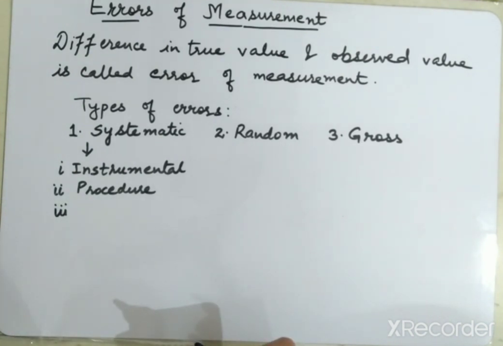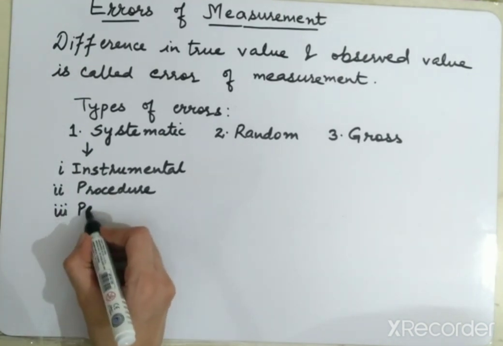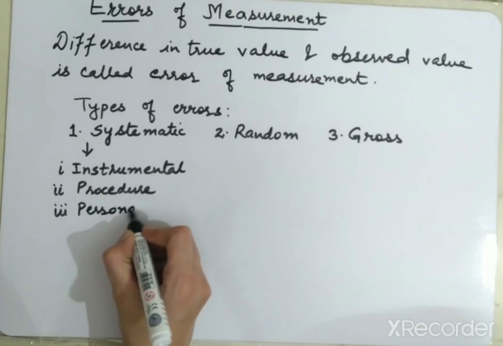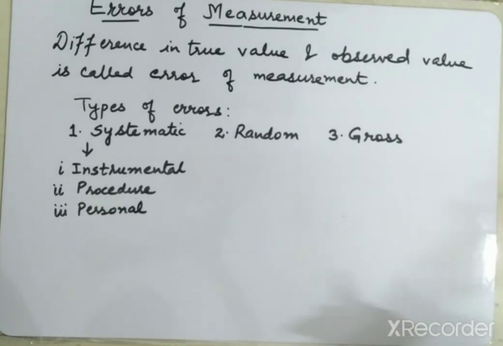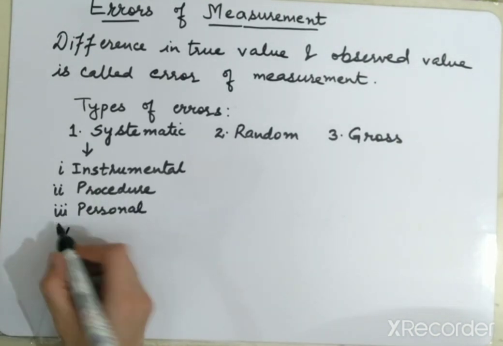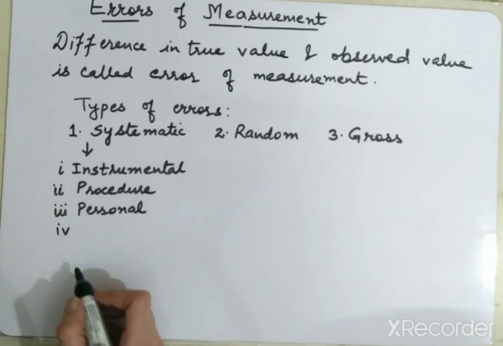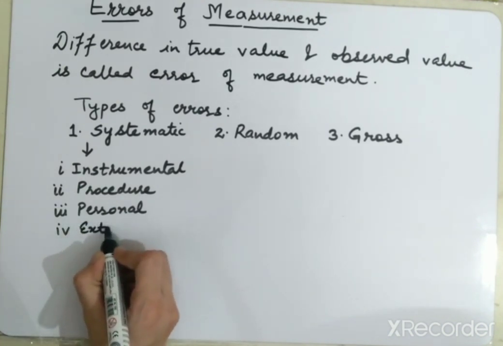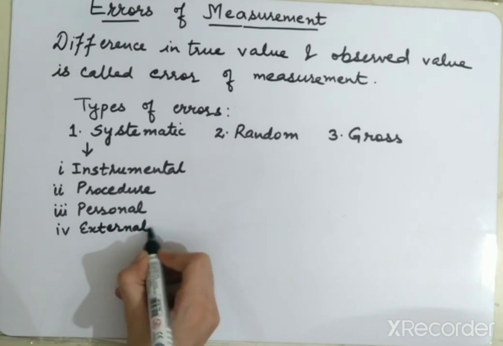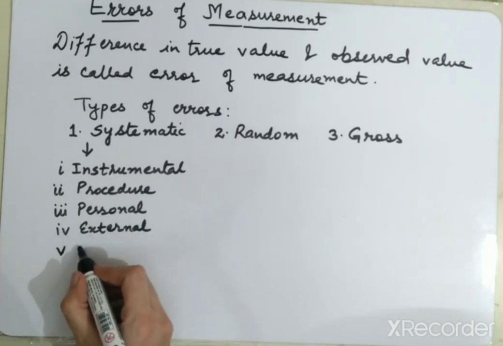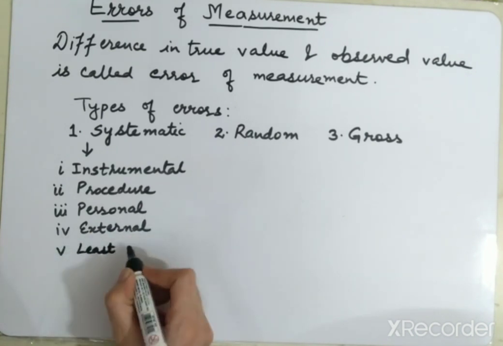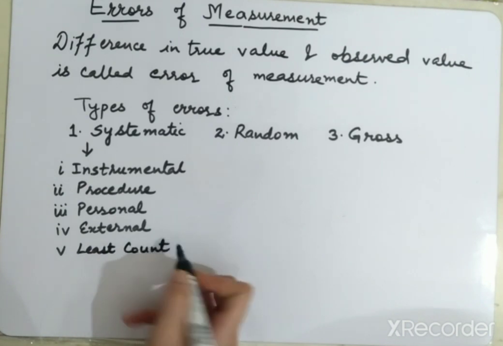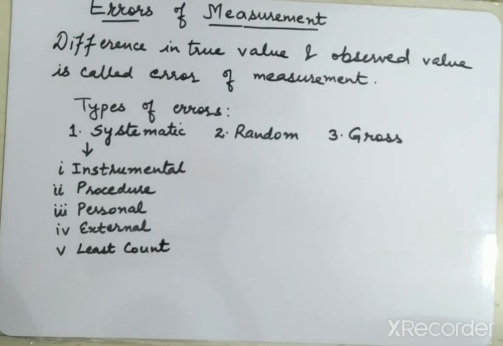Then the third type is personal errors. The observations vary from person to person. Then errors are due to external causes and least count errors. All these types of errors are called systematic errors.